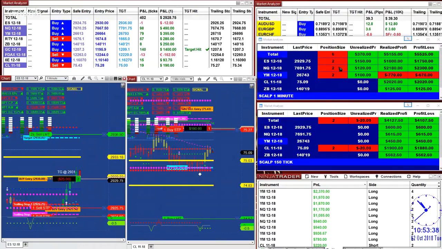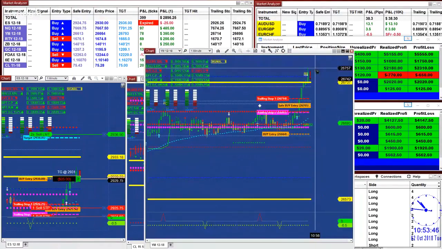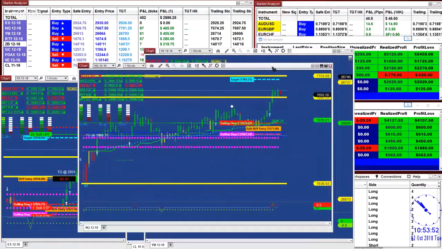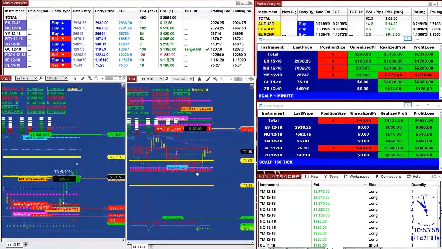Then the Nasdaq is short, and then the YM is short. He nailed it from the top, but the trend is up. Amazing. We'll see.